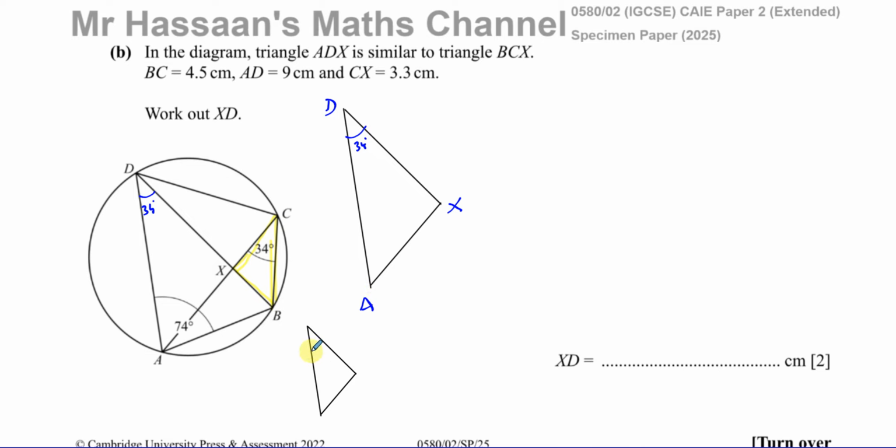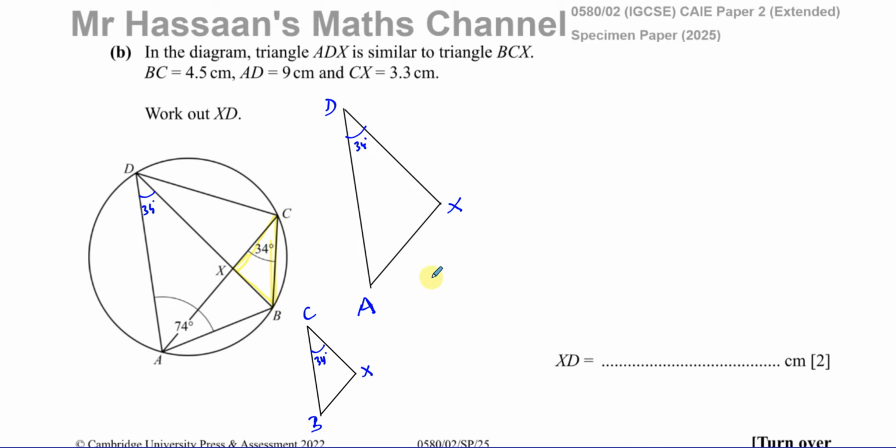Well, I can mark this angle as 34 degrees, so that's where C is, and this is X, the same point as that X over there. The other one must be B. So now I have all of the corresponding points marked.